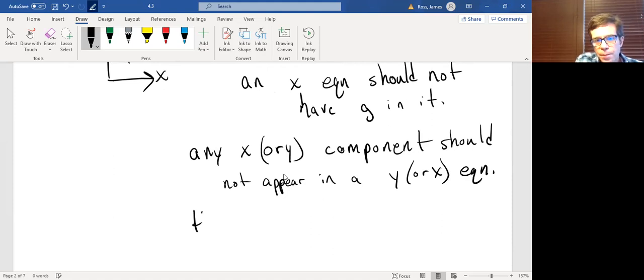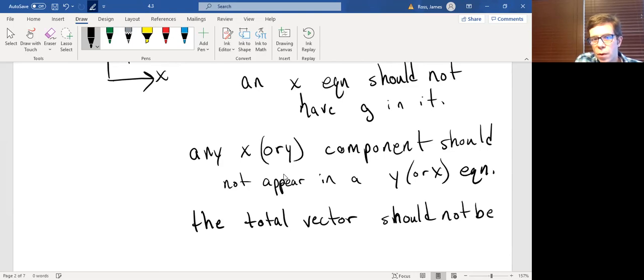Also, the total vector should not be used. The components are.